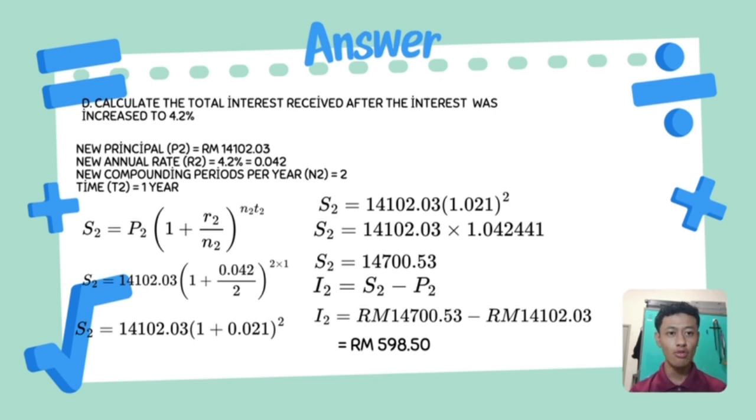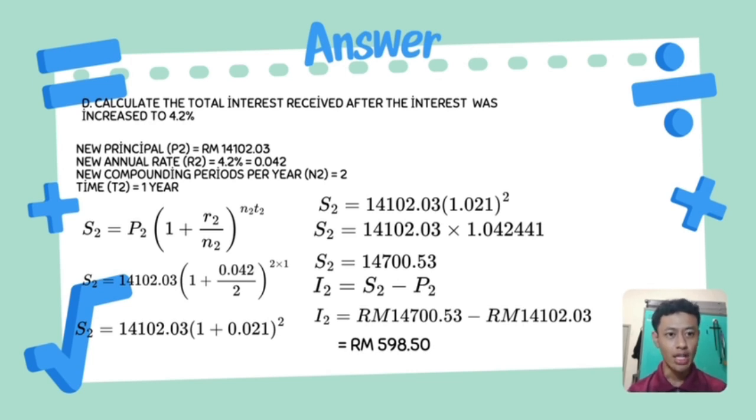Next, question D: calculate the total interest received after the interest rate was increased to 4.2%. Here we have a new principal, P2, which is RM14,102.03, a new annual rate of 4.2%, new compounding periods of 2, and a time of 1 year.